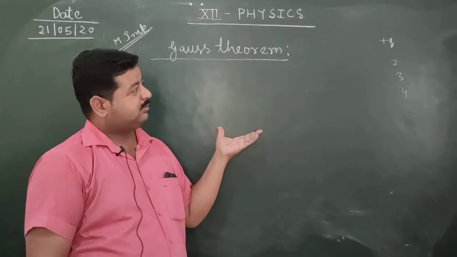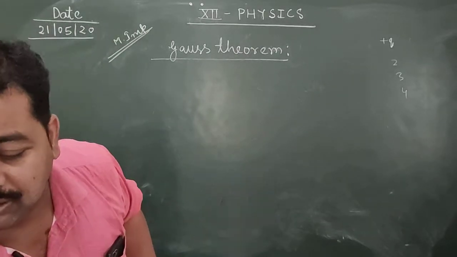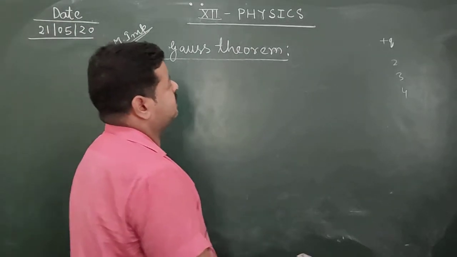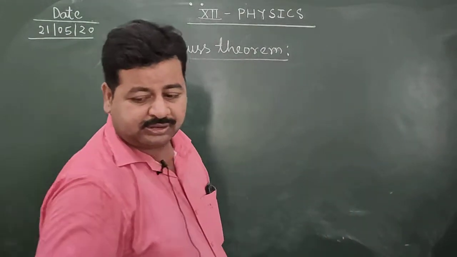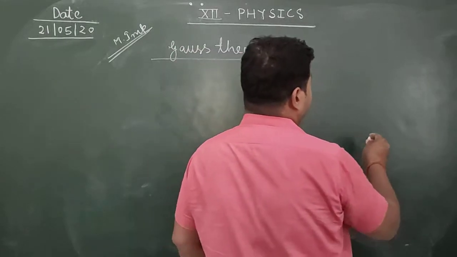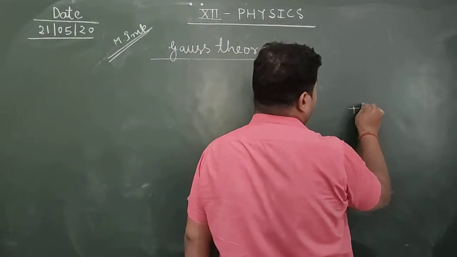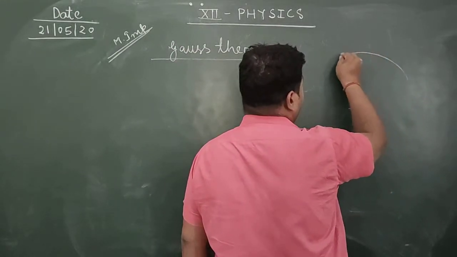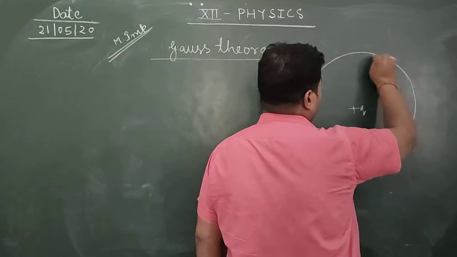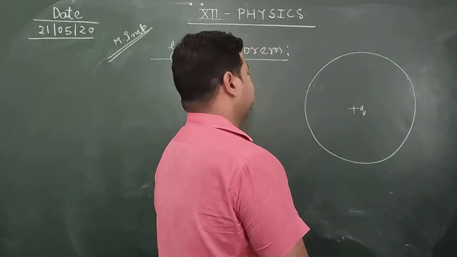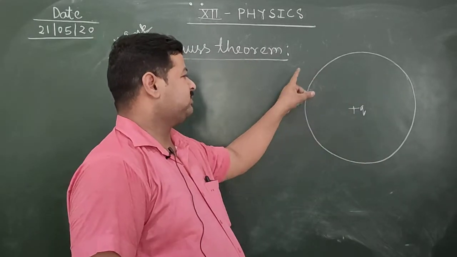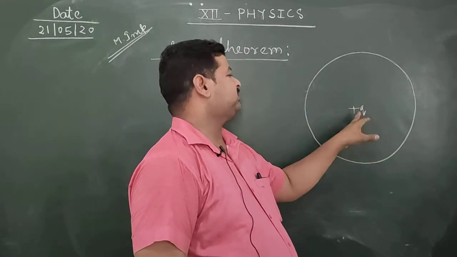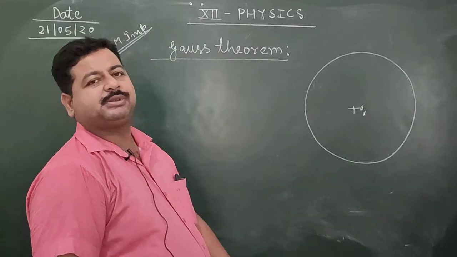So we study the Gauss theorem and what is the statement of Gauss theorem. From some diagram it is clear. According to Gauss theorem, if a charge is enclosed by an imaginary surface, this charge is a point charge and the closed surface is symmetric to the distribution of charge.